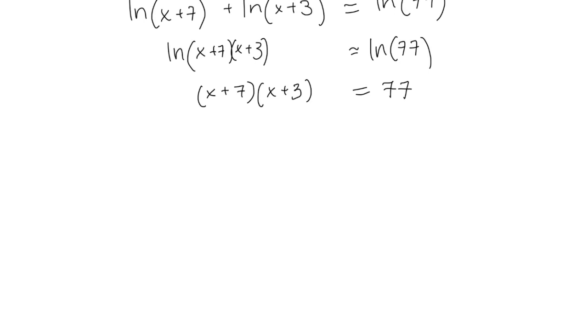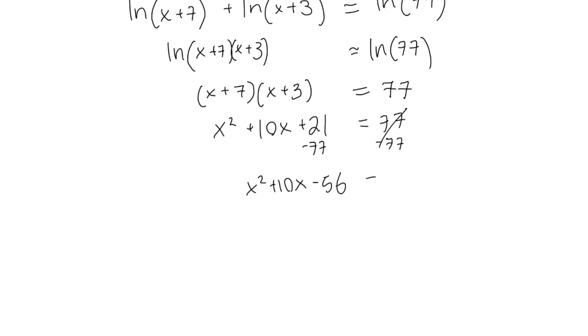Okay. Now we have a quadratic equation, and this we can deal with. So we're just going to expand. x times x is x squared, plus 3x plus 7x is plus 10x, and then 7 times 3 is plus 21, and that's equal to 77. Okay, so we can now equate to 0. And we're going to get x squared plus 10x minus 56 equals 0.